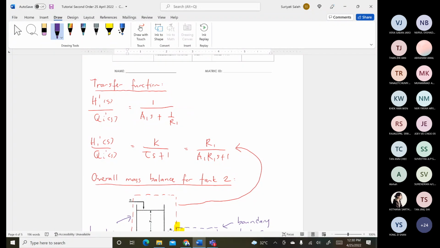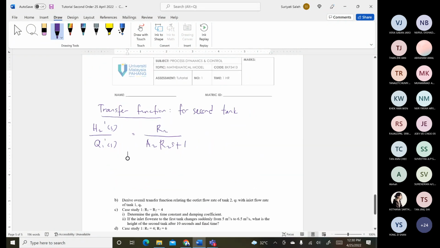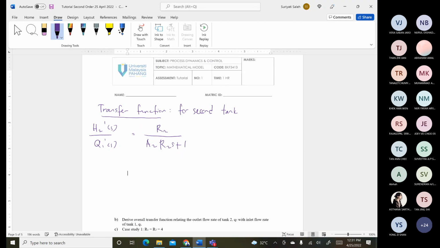If you already understand it, then some of the steps can be skipped. So we have the transfer function for the second tank, and the transfer function for the first tank.